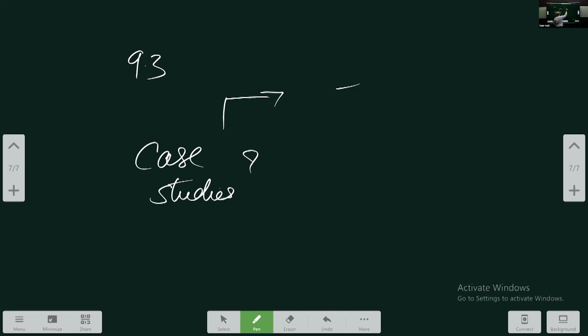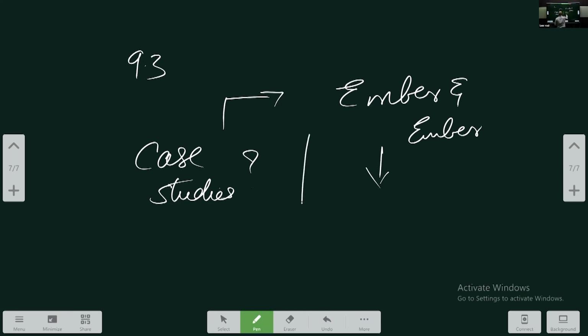In Ember and Ember, the best, I will share another book also, but Ember and Ember is one book. In Ember and Ember, there is a chapter towards the end. It is called Practicing and Applied Anthropology.